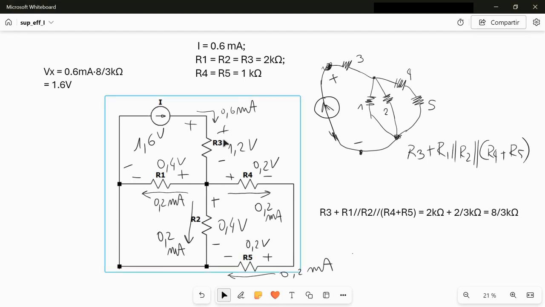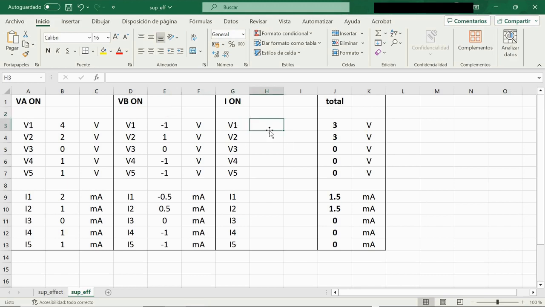In moving these values to the Excel table, we have to take into account the original signs and directions that we put at the beginning of the problem. So rewind the video to the beginning if you want. I don't want to switch between different pages, or just trust me, and we can say that V1 is actually opposite to the polarity that we chose, so we have to put minus 0.4 volt.